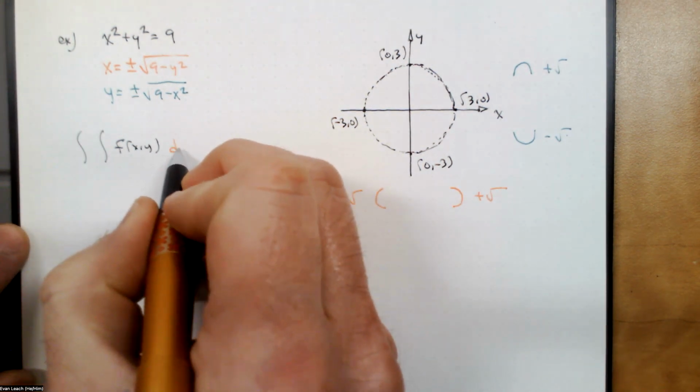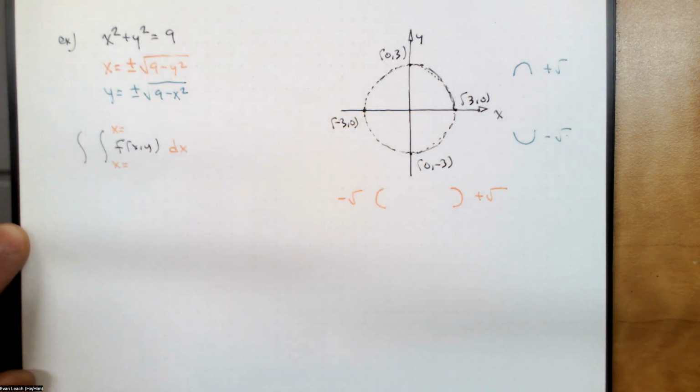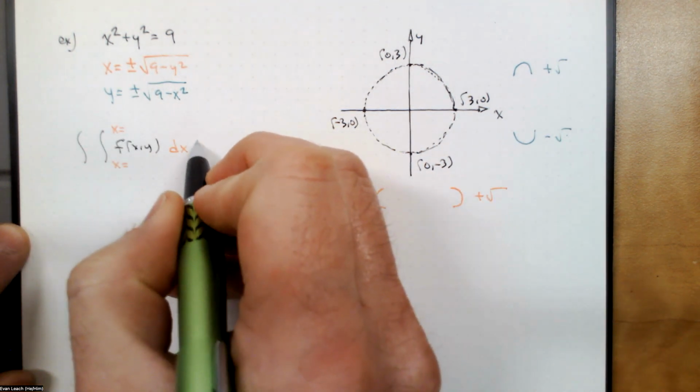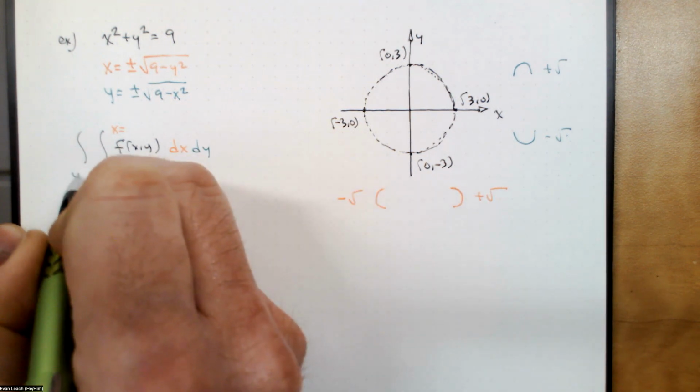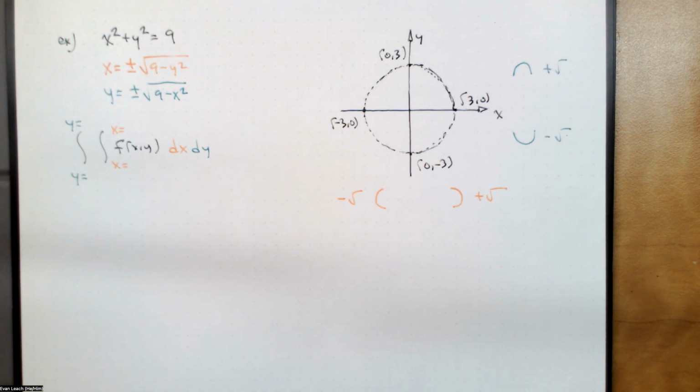We can do a dx dy, where our first integral is an x integral, or the other way around. We're setting up a double integral. The protocol is to do the easiest thing first. Always do the easiest thing first. So first, we'll take care of the one that has to be constant. Y goes from -3 to 3.